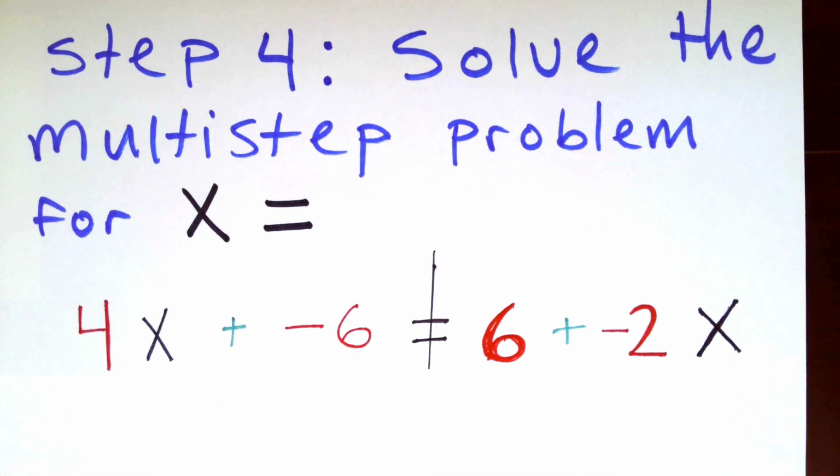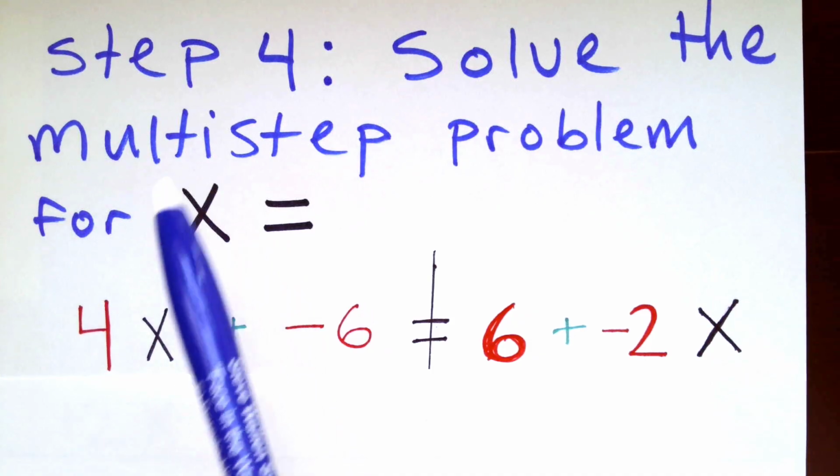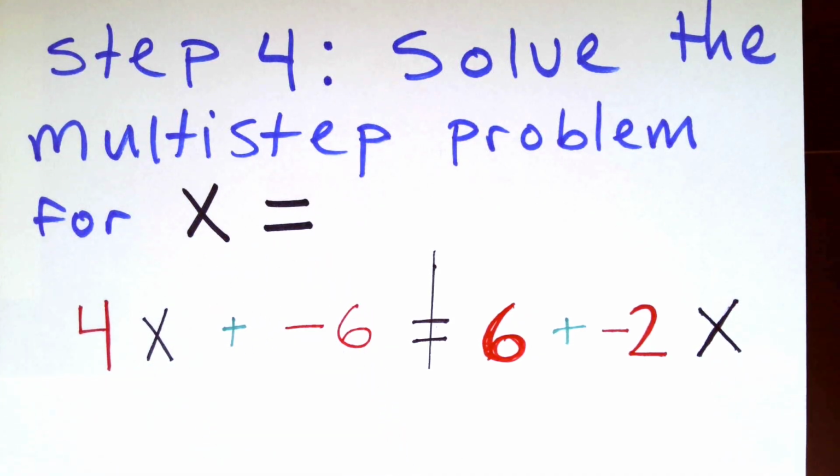Okay, so again, step 4, solving the multi-step problem. We want to solve for x. We want to get x all by itself, so it's just an invisible 1x on the left side of that equal sign. And looking at our equation below, it would be easier to move, using inverse operations, the negative 2x than it would be to move the positive 4x.